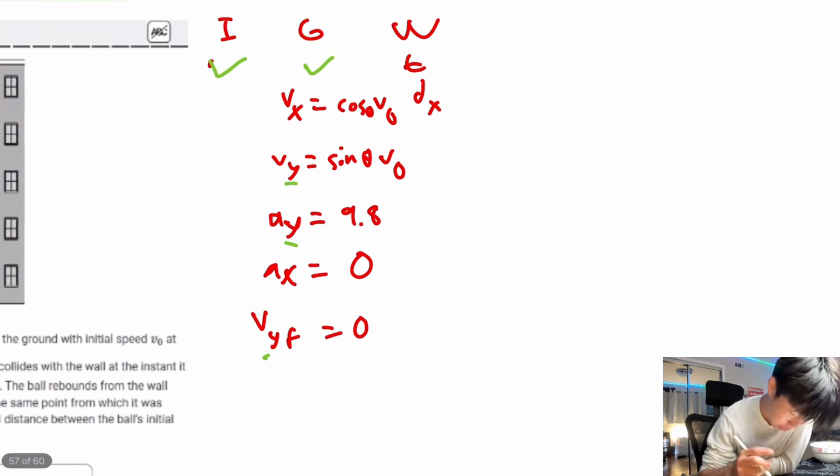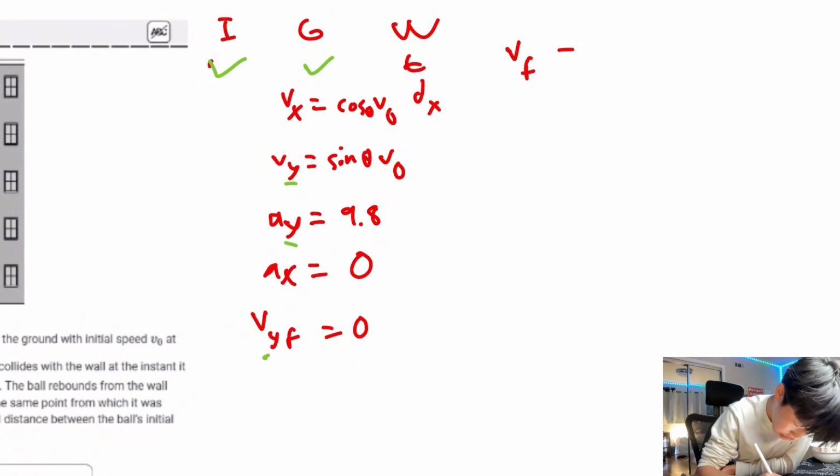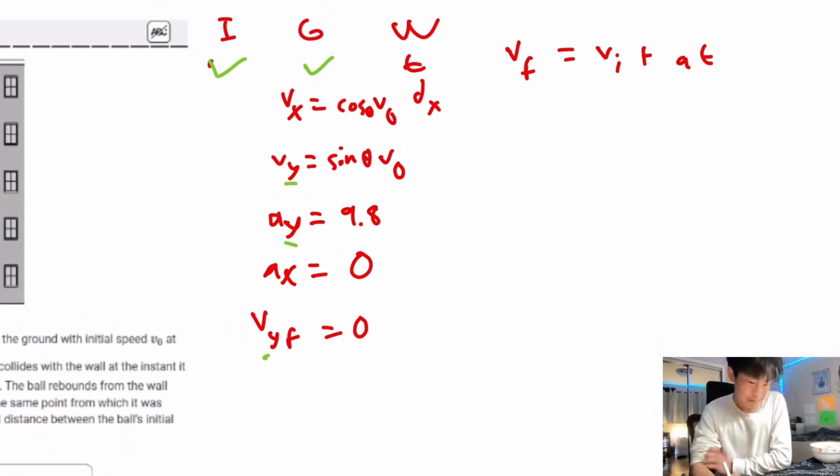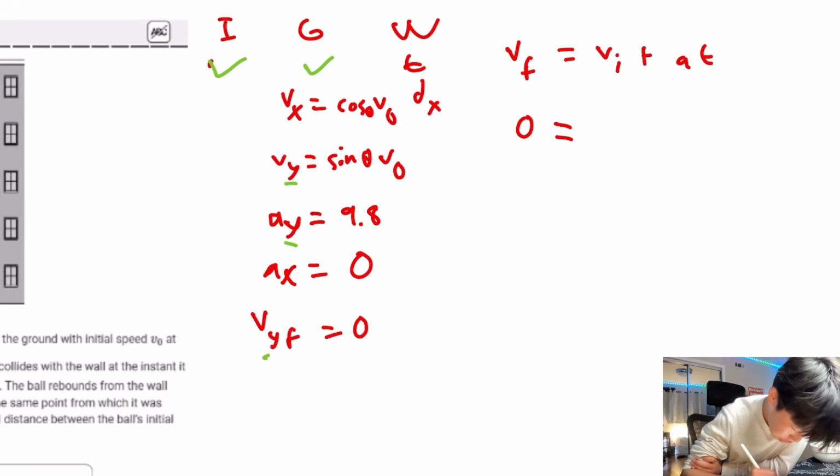Anyway, first we need to find the t, so we're gonna use y. We know that vf equals vi plus at. I might be using the wrong formula. 0 equals v0, no, I'm wrong. My bad, guys.